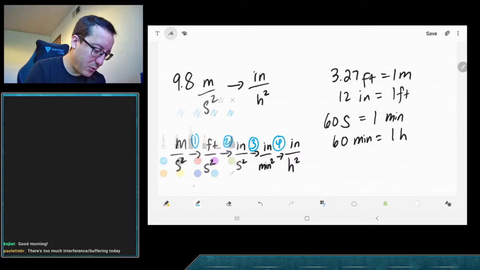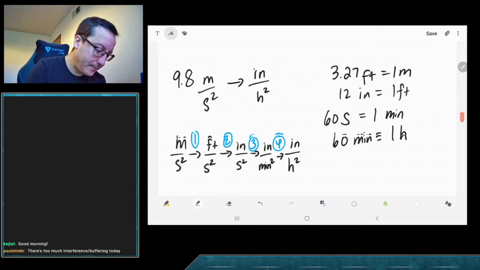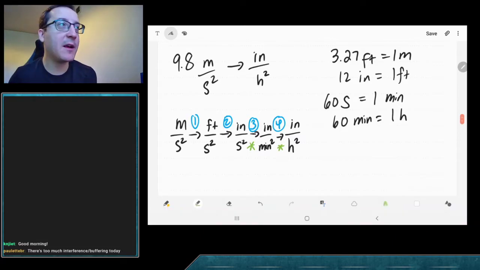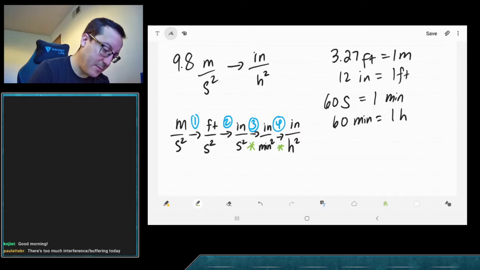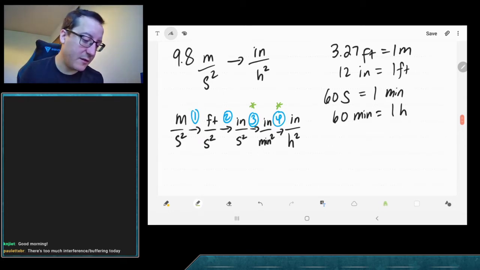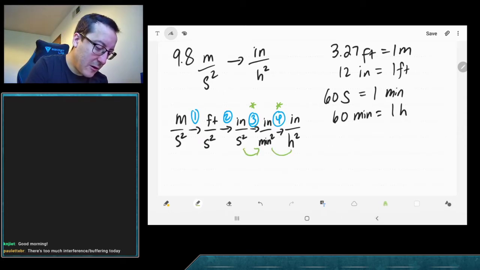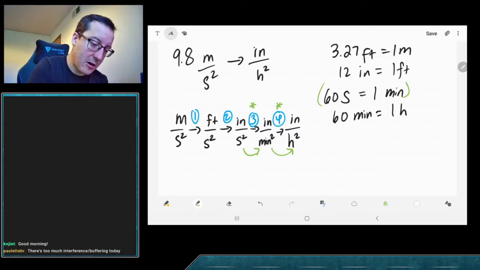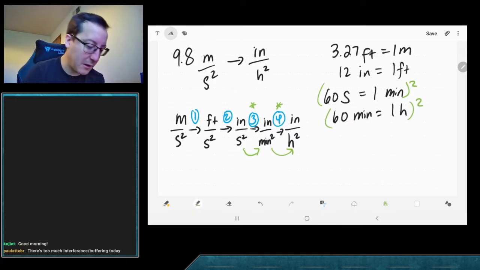However, it's important to note that these ones on the bottom that I've put little stars on, you know what, let me put those on top just so it's not like I'm multiplying them. These two steps are involving square units changing. So we should probably go ahead and square our conversion factors that we would use in that step. Let's just do that right away.